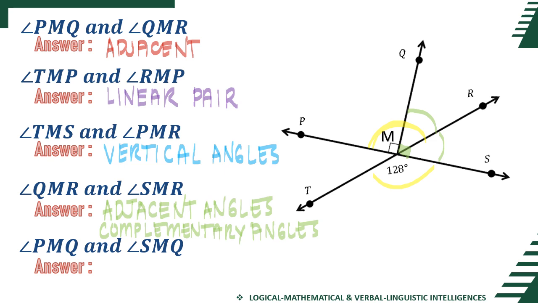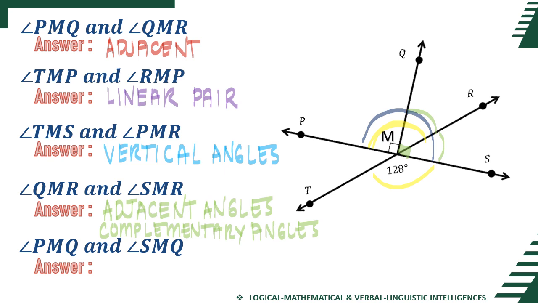Next, we have PMQ. Where is PMQ? PMQ is this one, and SMQ, this one. As you can see, they are again adjacent and supplementary.